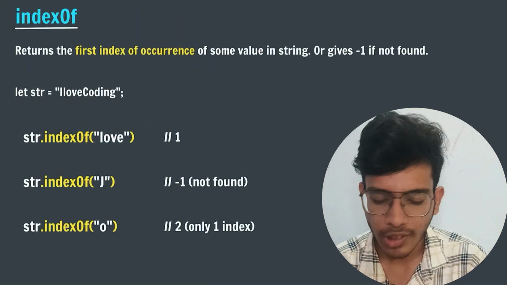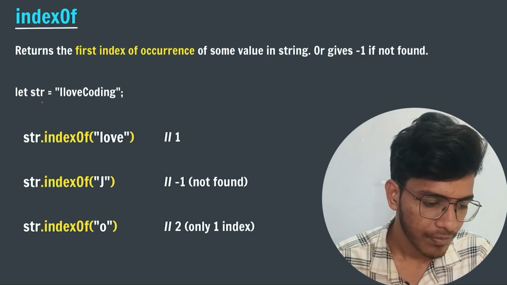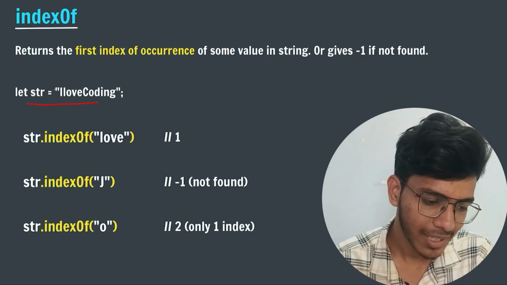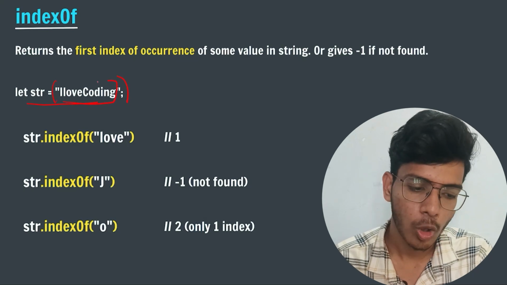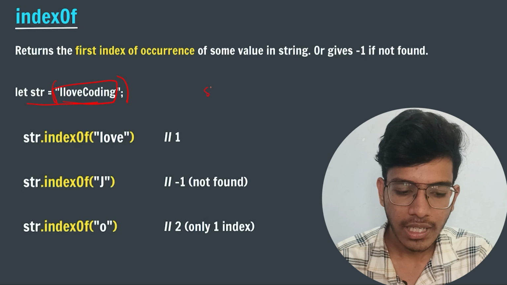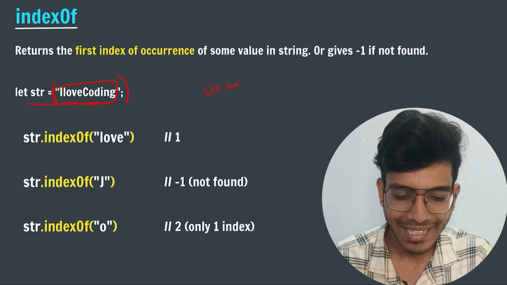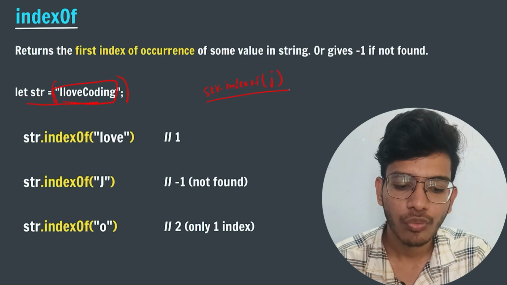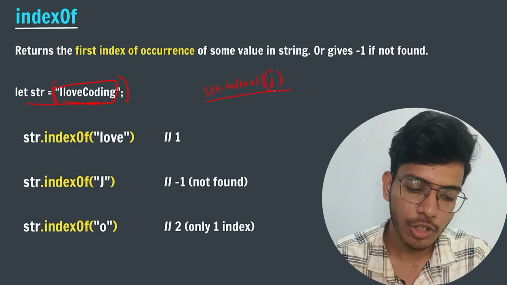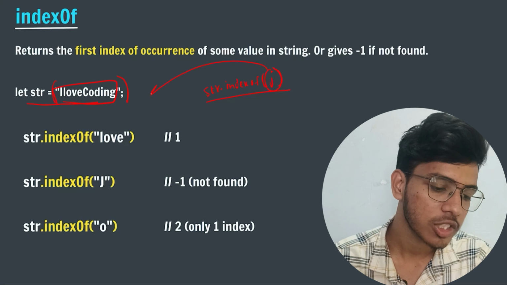Now what indexOf will do is that, let's say here I have taken an example of a string, str is equal to "I love coding". Now if I give str.indexOf("j"), then this function will search for this character in this string.